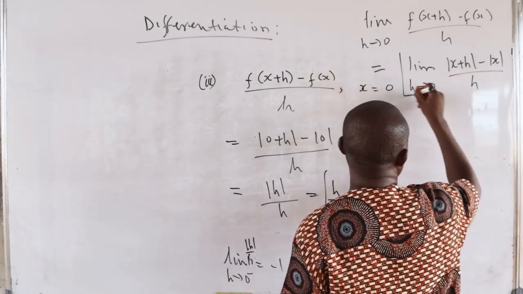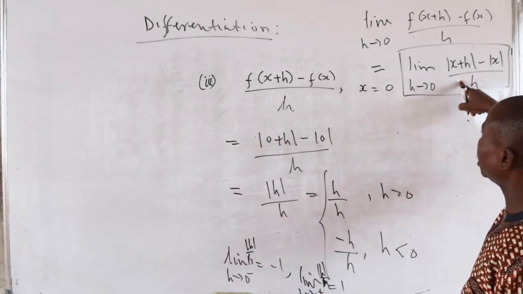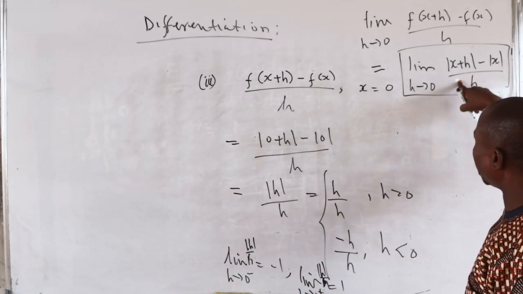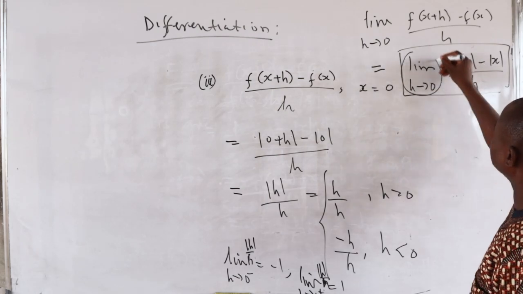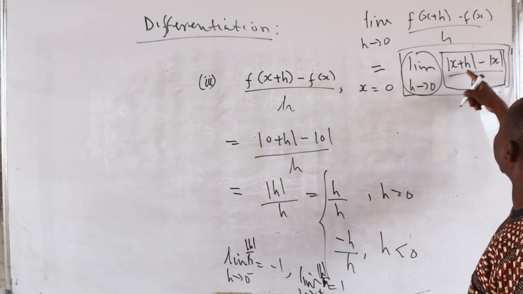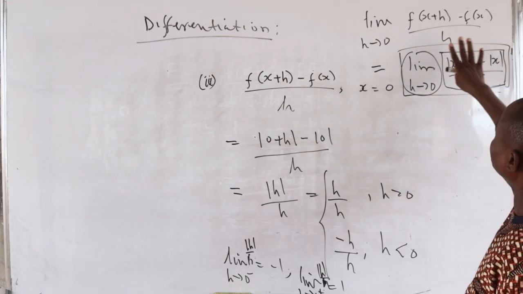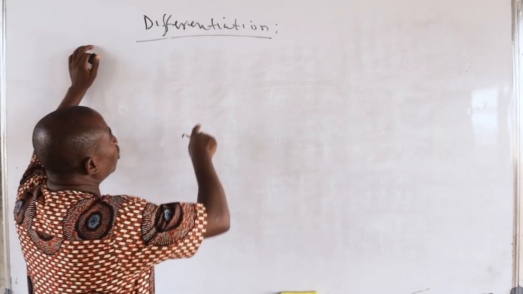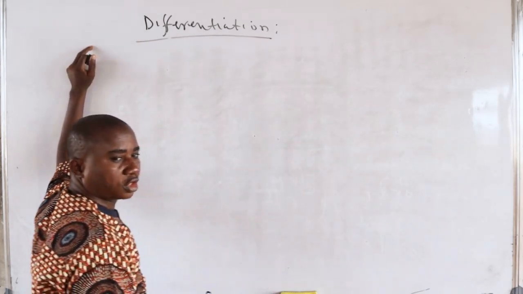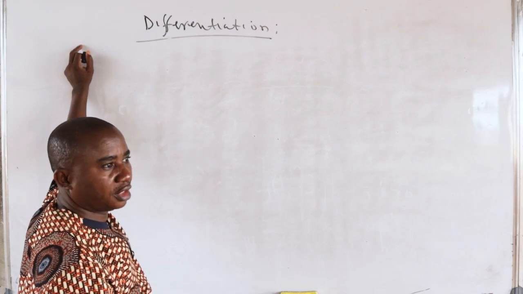This one is wrong because we do not have this limit at this moment, so we cannot write this. But we can first simplify what we have in this quotient the way I did here. So be guided by this. What I've just done is what many people popularly call differentiation from the first principle.